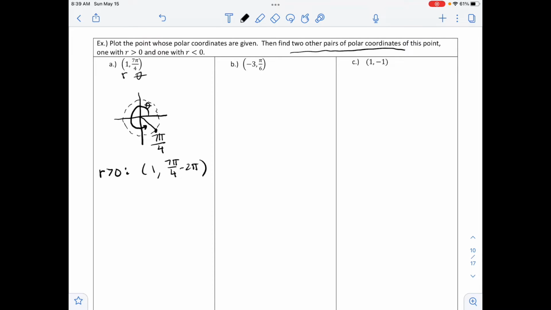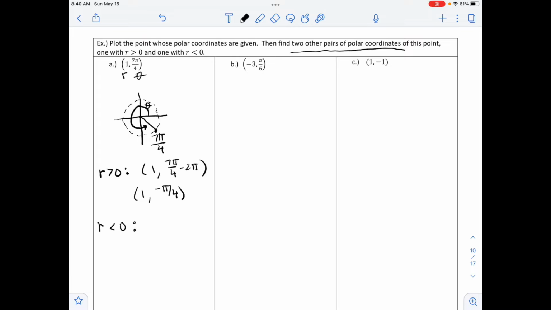They both work out the same, so you can see there would be a lot of equivalent solutions for this. So we have (1, −π/4), and that's an equivalent point on our polar coordinate system.